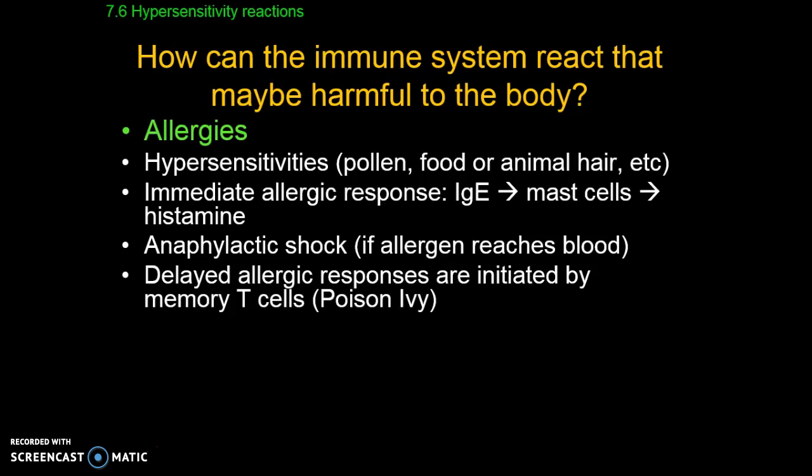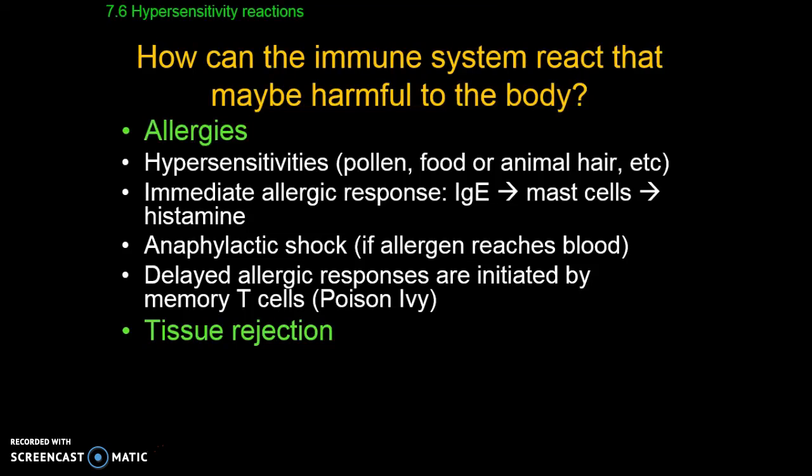The first time your immune system sees it, the T cells are activated and nothing happens. The second time, though, your T cells are going to respond, and they cause the blistering, the rash, the itchiness, the pain that can occur with poison ivy.